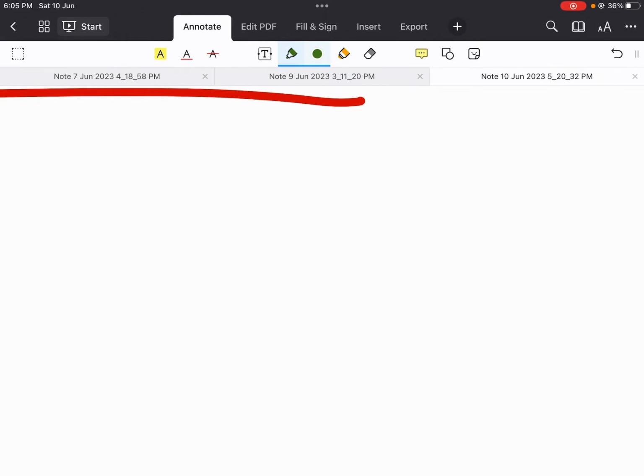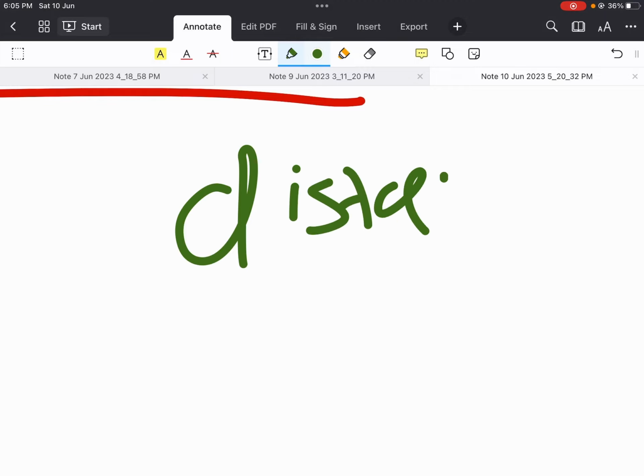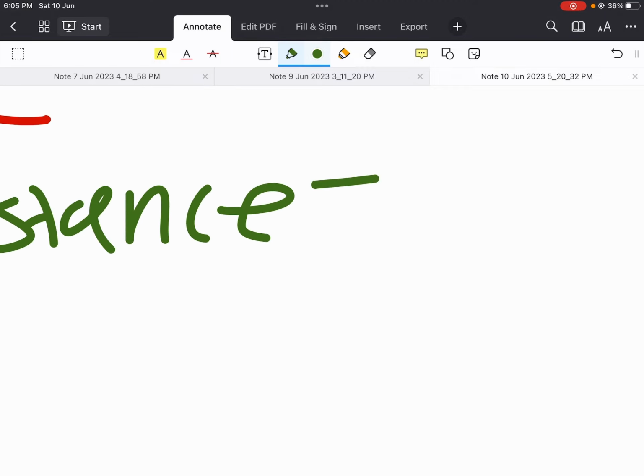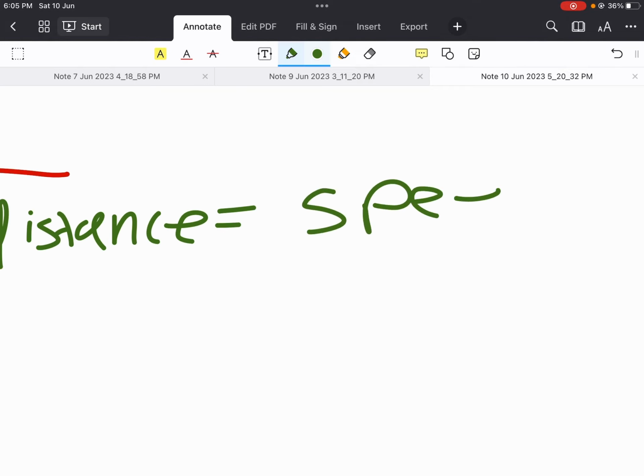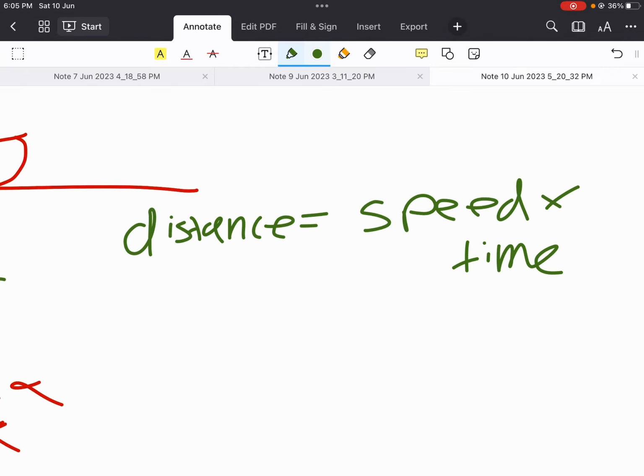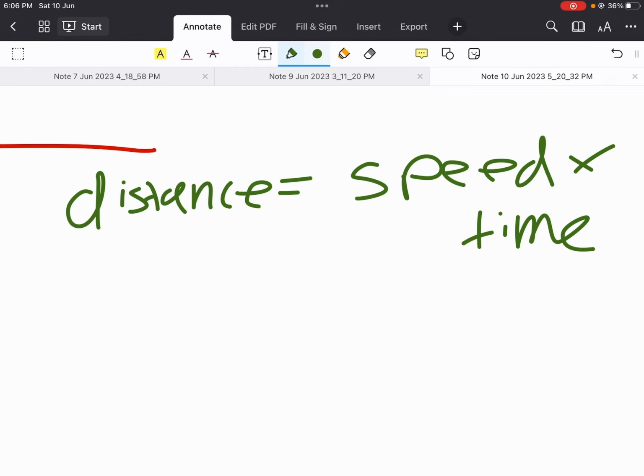So as you know, the equation is distance is equal to speed times time. And you know the speed, if I remember correctly, it's 1,500 meters per second in water.